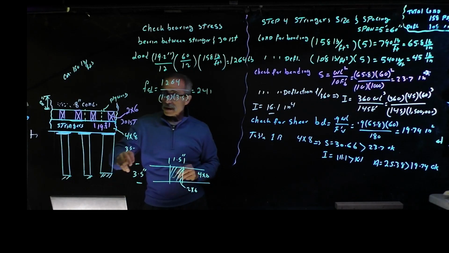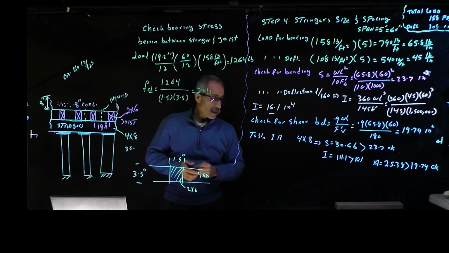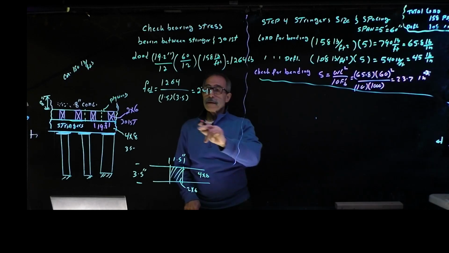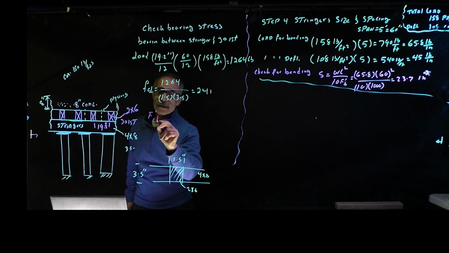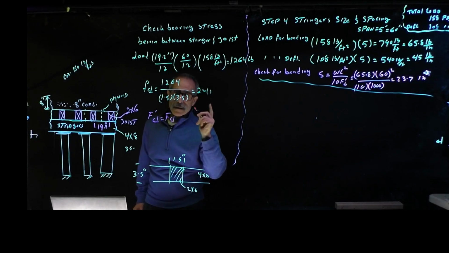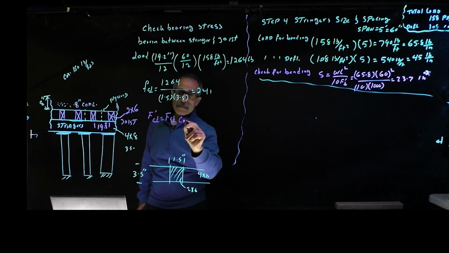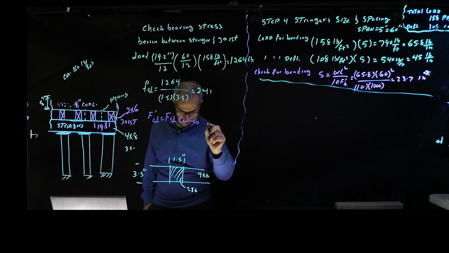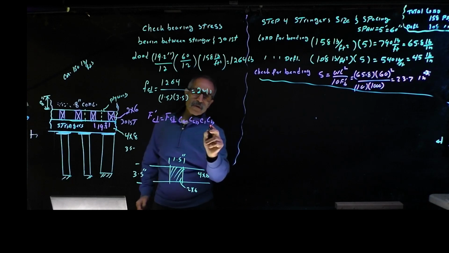241. But what is the bearing capacity? Let's calculate the capacity. The capacity here is going to be F prime perpendicular to the grain. It is F, the compression stress perpendicular to the grain, times the adjustment factors, CM, CD, Ct and Cb, which all equal 1 anyway.